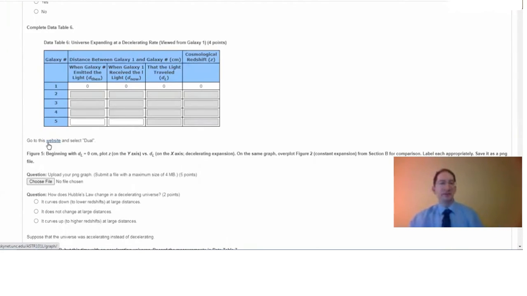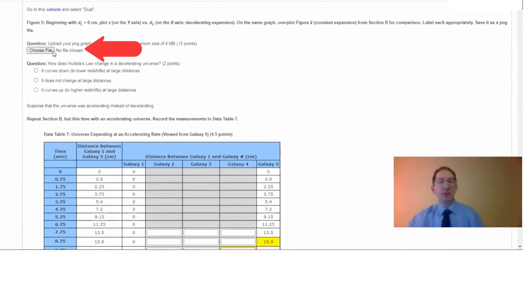Once you've done that, you'll save it, upload it to WebAssign here. Then it asks you, how does Hubble's law change in a decelerating universe? It curves down at large distances, it does not change at large distances, or it curves up at large distances.